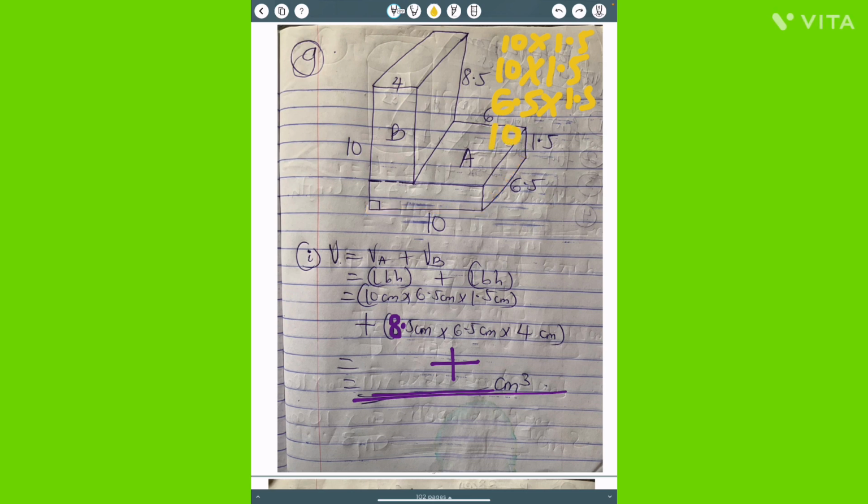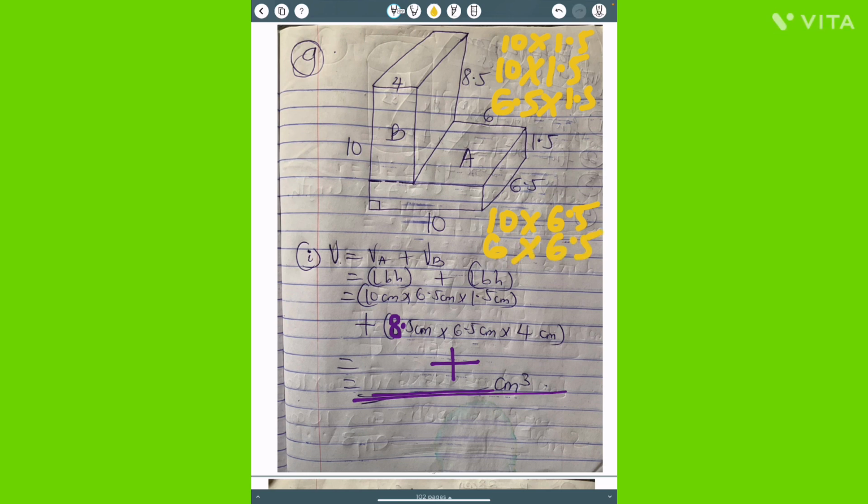You understand? I'm counting areas. Then keep this side too: 6 by 6.5. Can you see this is 6.5, this is 6.5? So 6 times 6.5 for that area too.